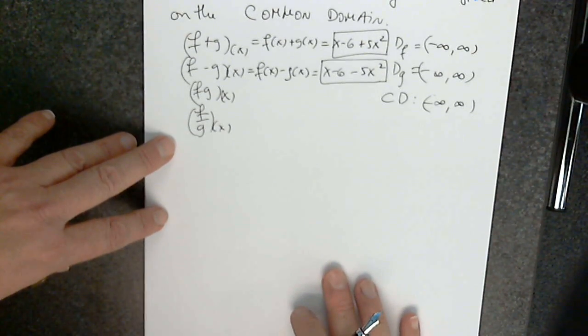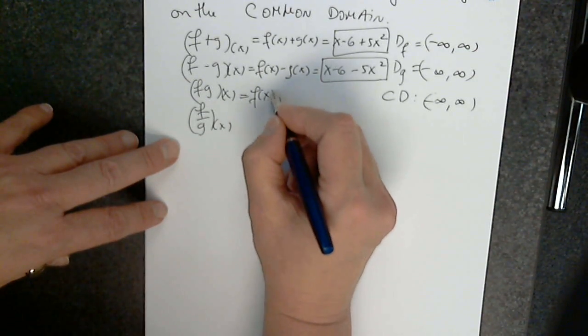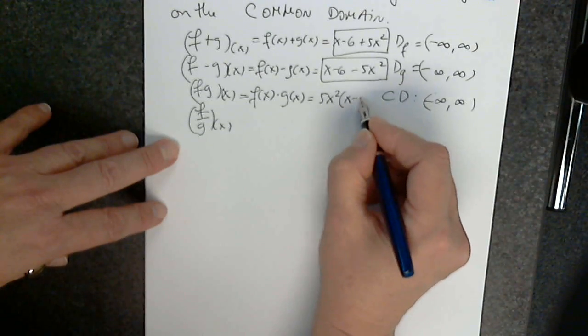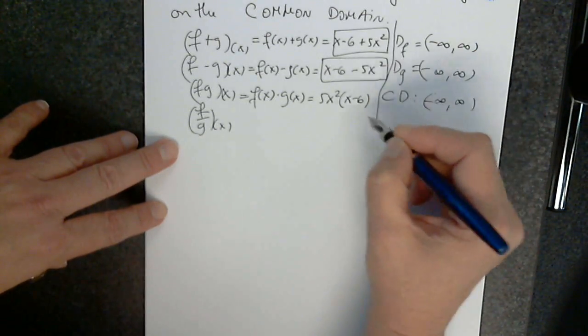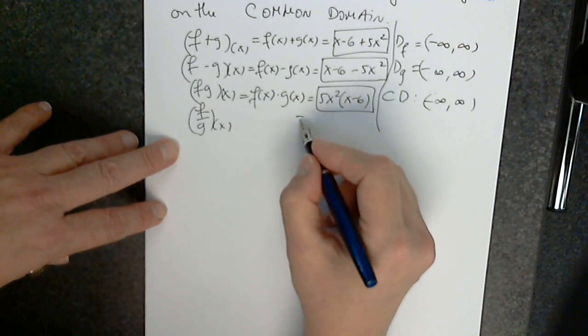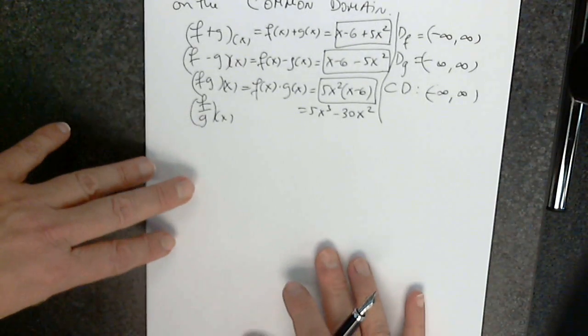It's more writing than thinking in this section. So now this is f of x times g of x by definition. So I write 5x squared times x minus 6. And I'm done. You could distribute if you wanted to into 5x cubed minus 30x squared.